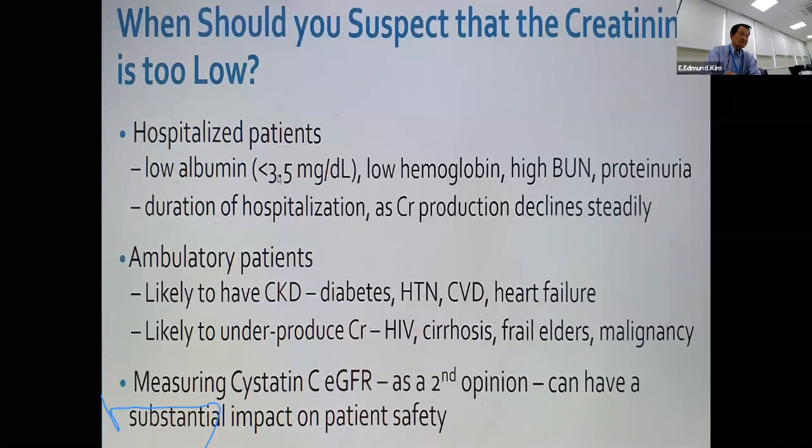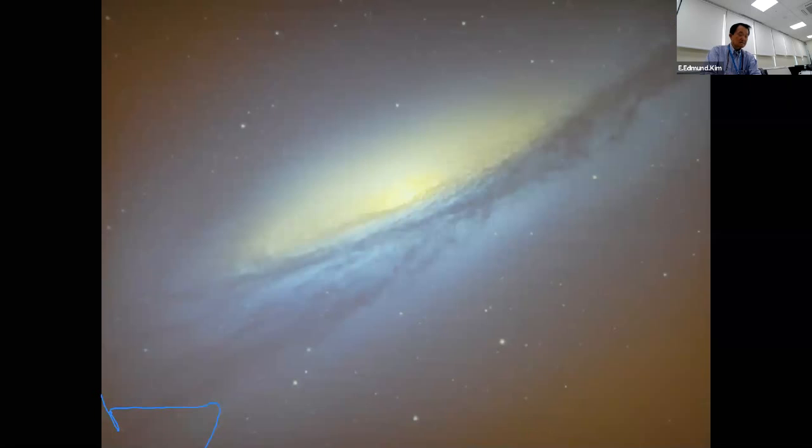Okay, if it's too low, then you certainly have to exclude the low albumin. But you have to think about chronic kidney disease, and then you have to measure glomerular filtration rate by blood.